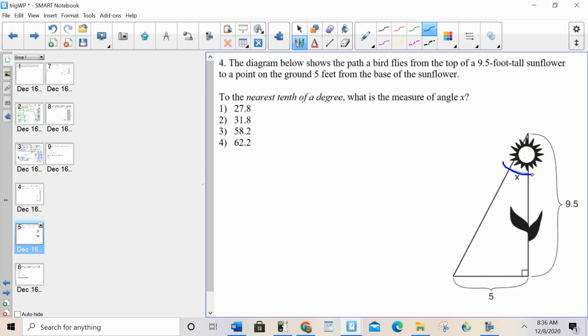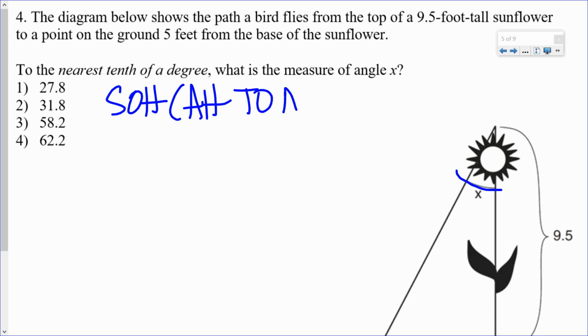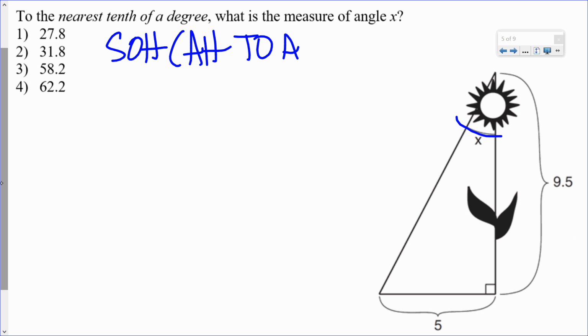Because there's an angle involved, I know that I'm going to use SOHCAHTOA. I want you to take about 10 seconds to label your A, your O, and your H, and determine if we're using sine, cosine, or tangent. So label your A, your O, and your H, determine if it's sine, cosine, or tangent.